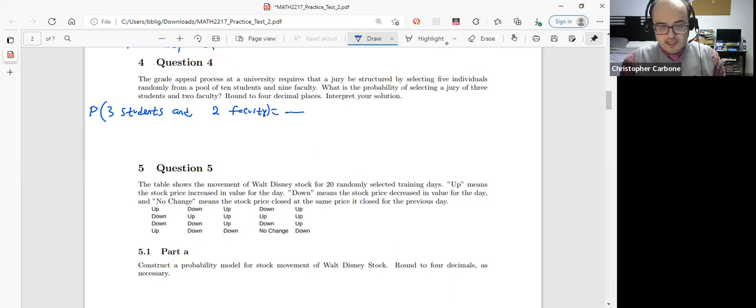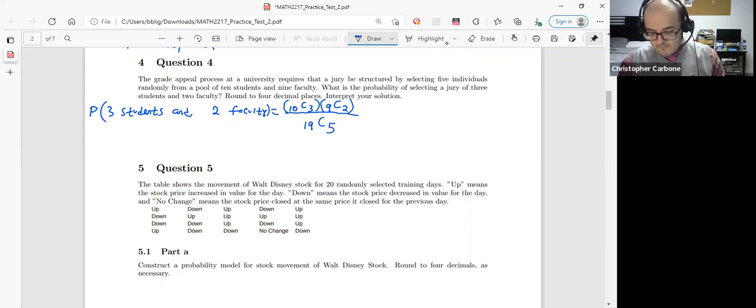So using combinations, we know that there are 10 students and we want to choose 3 of them. There are 9 faculty members and we want to choose 2 of them. We multiply both of those numbers in the numerator, divided by a total of 19 people, and we want to choose 5 of them.